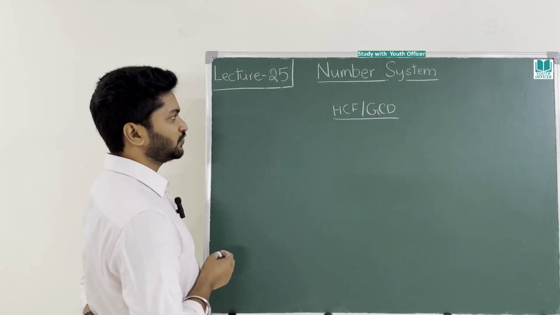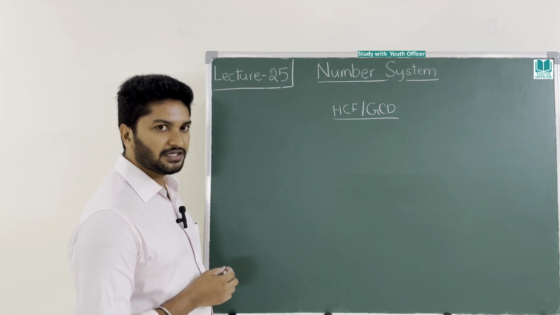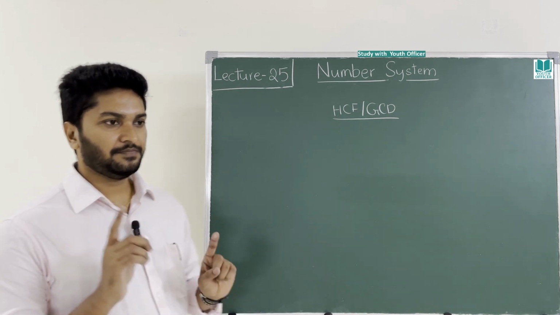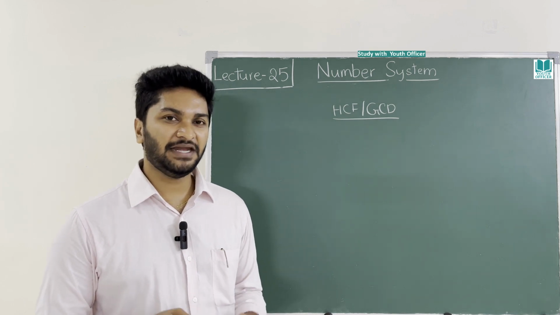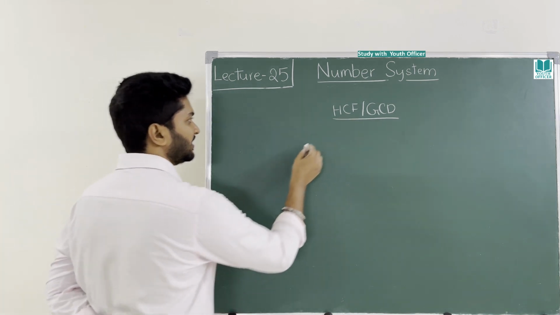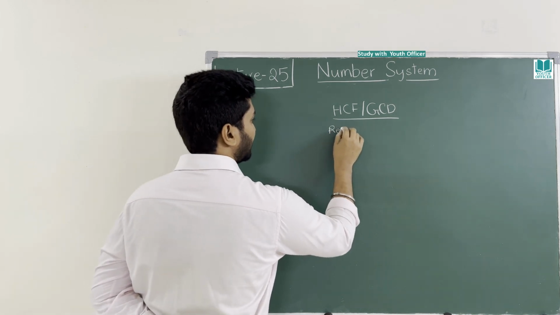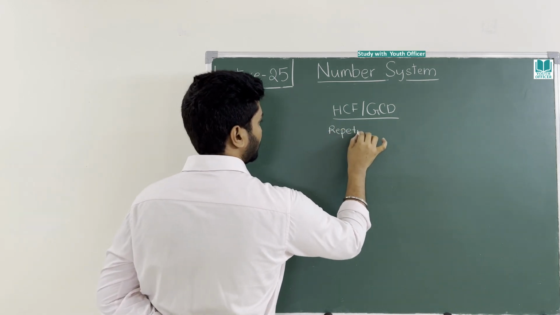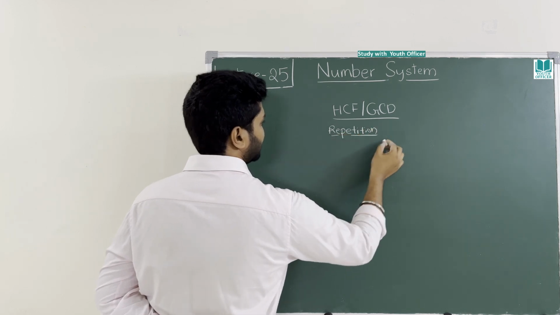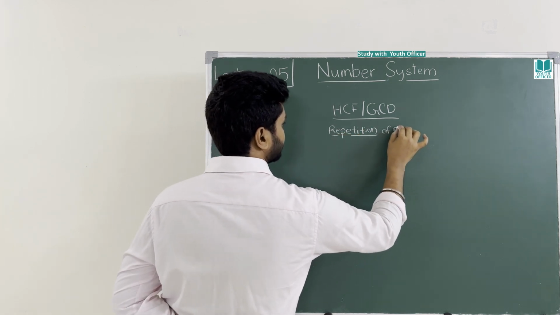Last time, how did I teach you? First I started with repetition. In LCM it is a multiplication without repetition. HCF is nothing but repetition. There we don't take repetition, here we take only repetition. What is repeating? Repetition of prime numbers.